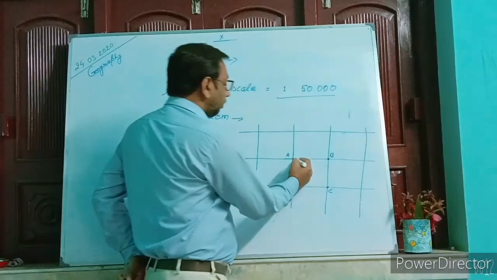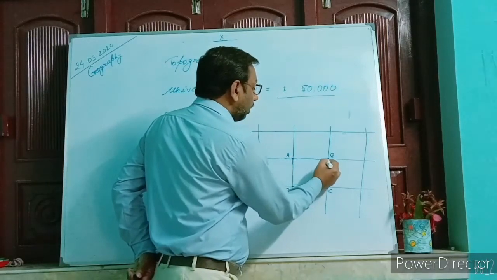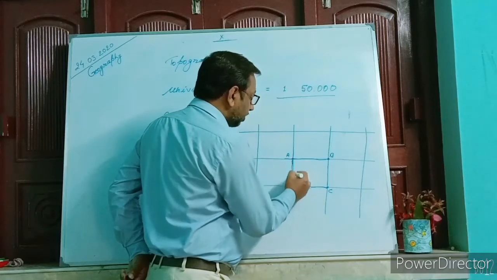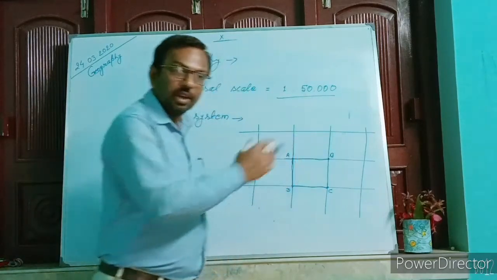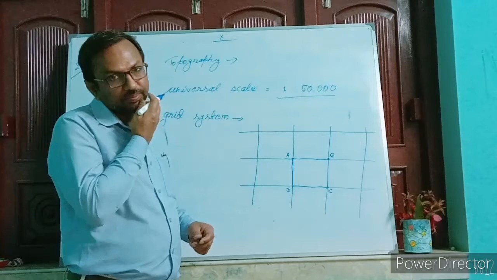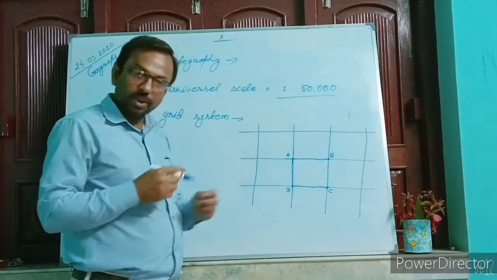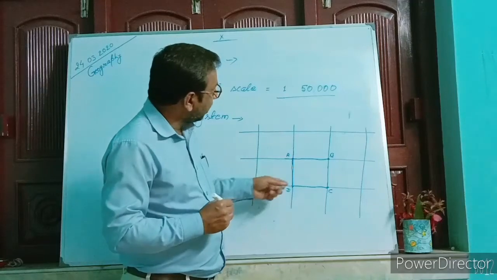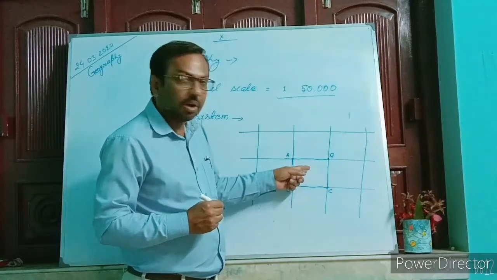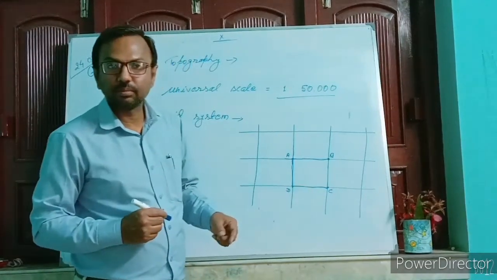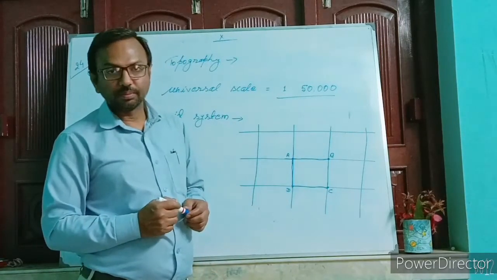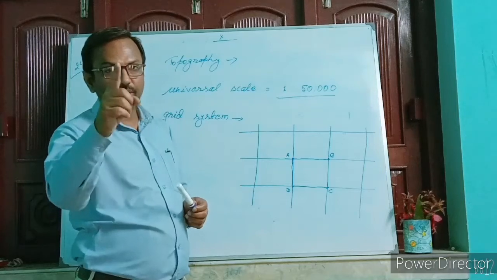We have this ABCD. We say this is the crisscross section of the horizontal lines and vertical lines. So this crisscross section of horizontal lines and vertical lines is called a grid. ABCD became a grid. A grid is a square.